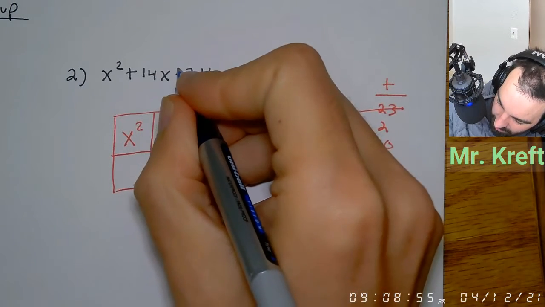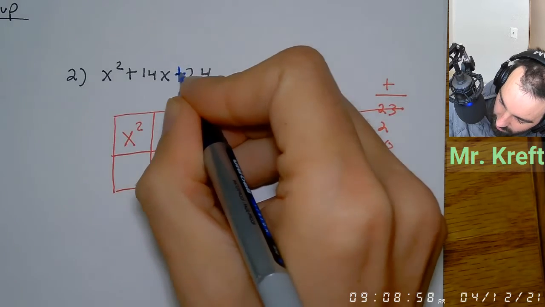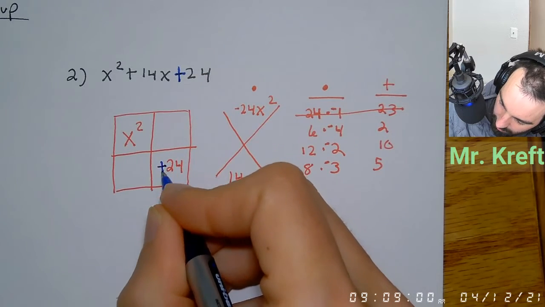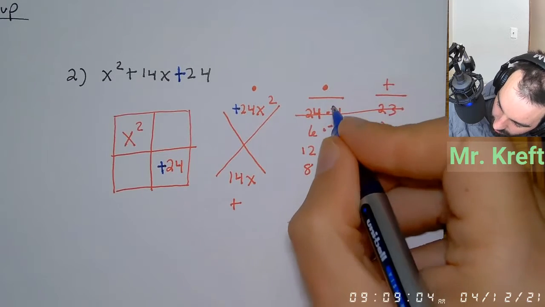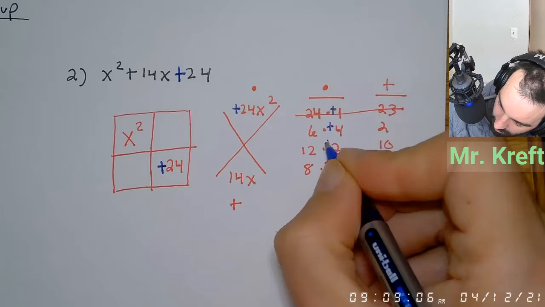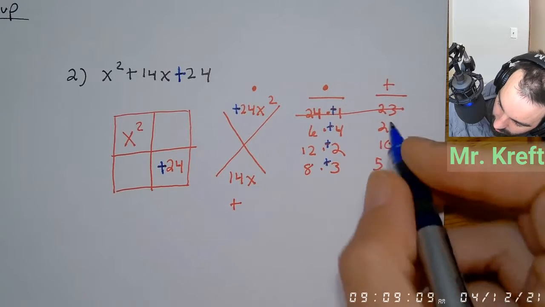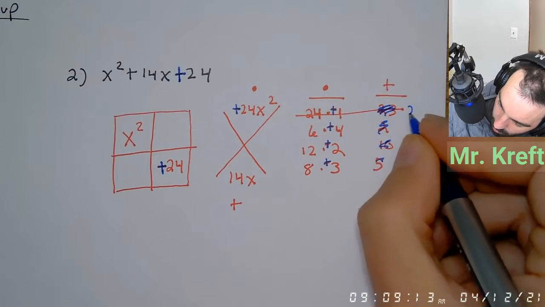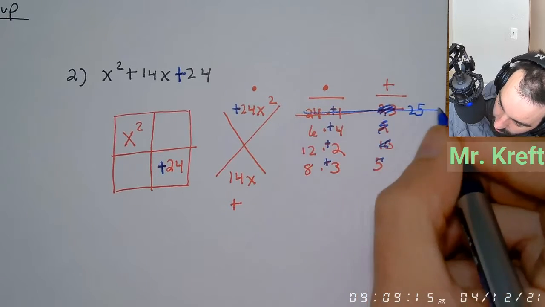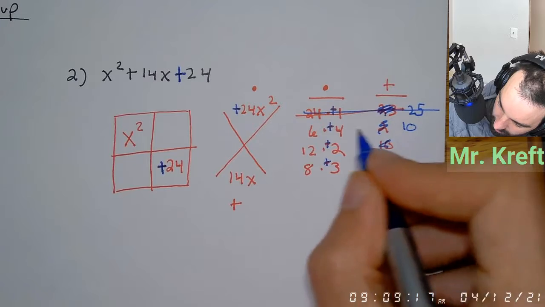Okay. Hey, no, it's really easy. Let's make this a positive. Let's make that a positive. So if we make that a positive 24, then we can make all of these positive. So then what do the adding add up to? 24 plus 1 would be 25. That still doesn't work. 6 plus 4 is 10.